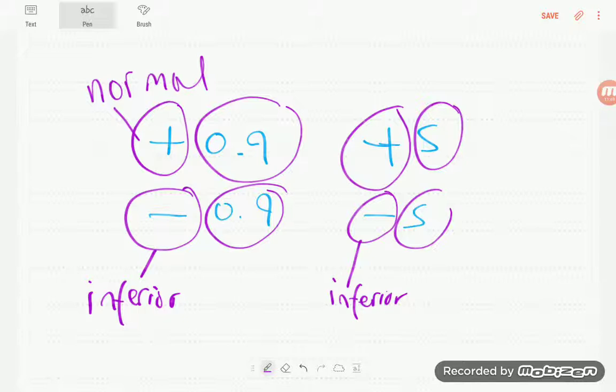Okay, so if I looked at plus 0.9, we then consider the size. The greater the number, the stronger the relationship between the income and the quantity demanded of the product. So for instance, if my income goes up, I am much more likely to go and buy the product if there is a high number such as 5 or 7 or 8, whatever it might be.